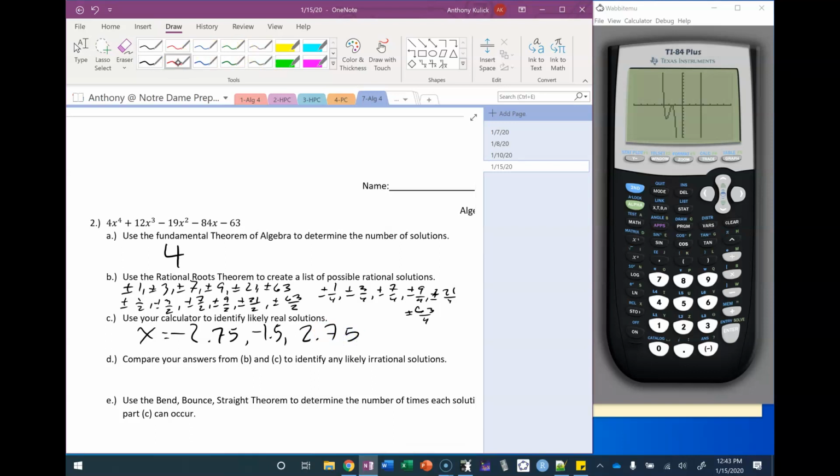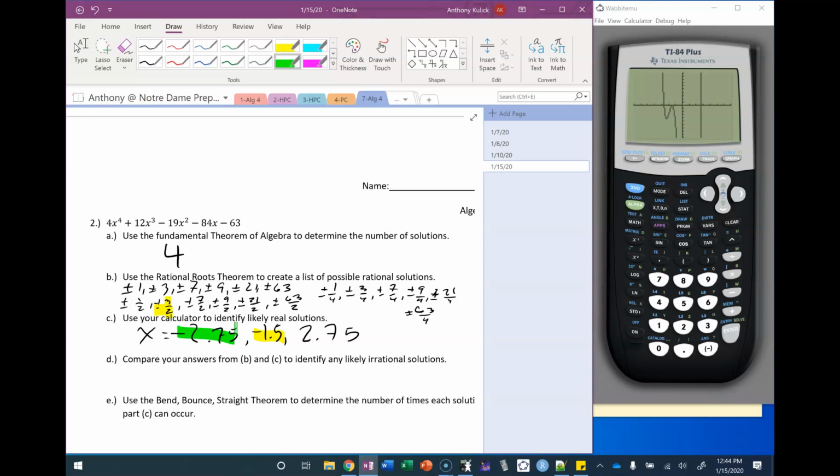All right. So now let's compare these answers to what we have on our list. I see I have negative 1.5 right there. Do you see negative 2.75 anywhere? 7/4 is 1.75. 9/4 is 2.25. 21/4 is 4.75.